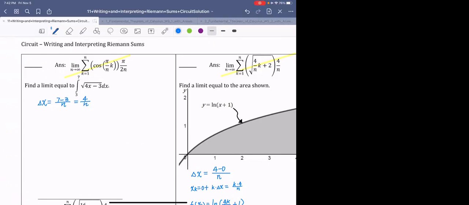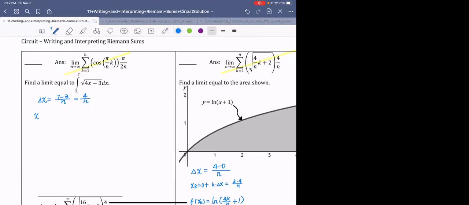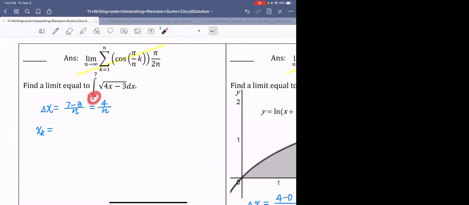And then xk is equal to 0 plus k times 4 over n. Is it 0? Who is A? Oh, -3. Really? Is it? Hold on. This is your A.